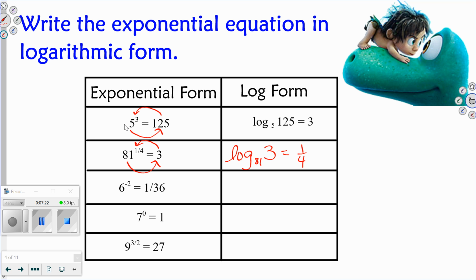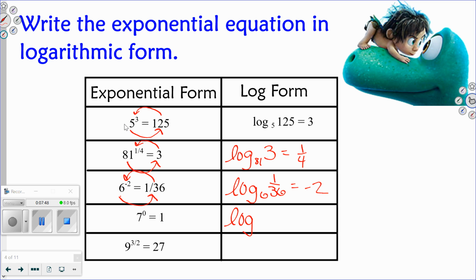So what's the next one going to be? It's going to be log base 6 of 1 over 36 equals negative 2. All right, next one.